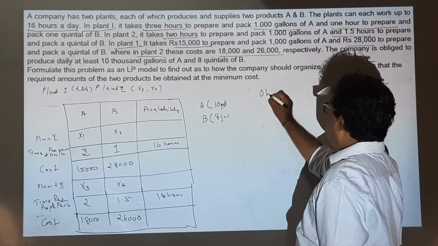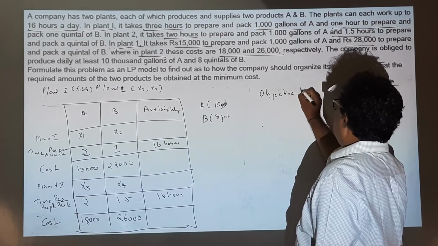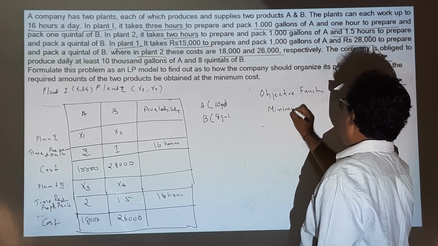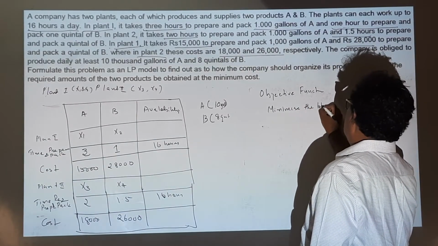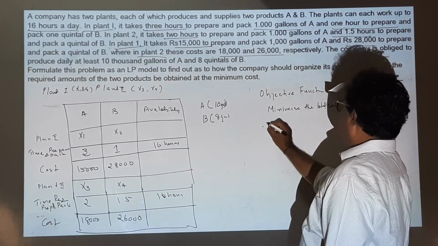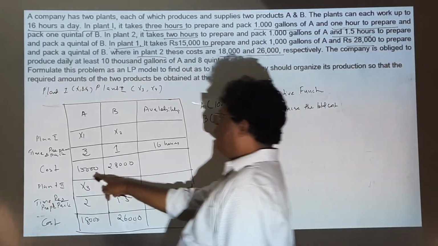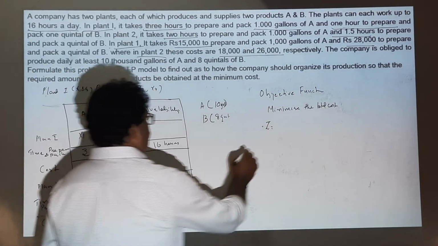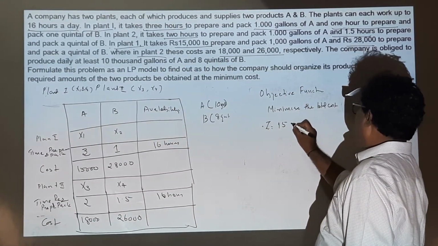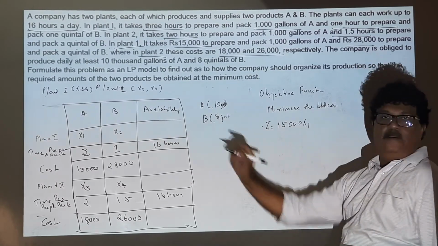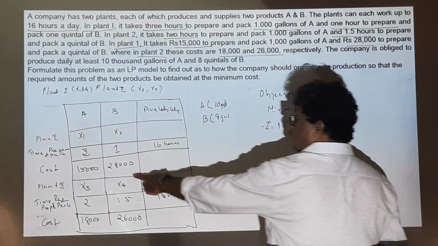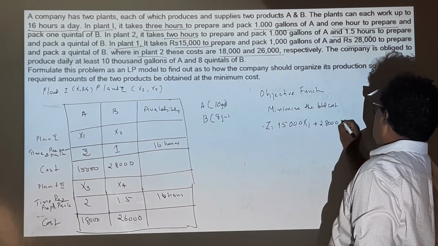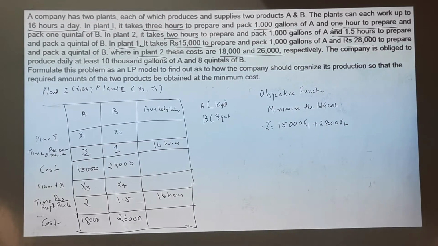So the first thing is the objective function. What is the objective function? Minimize the total cost. Is that easy? So 15,000 for 1 unit of A, agreed? 15,000 into X1, for total X1 units of A from plant 1. And then 28,000 for 1 unit of B, so for X2 units it is 28,000 into X2.